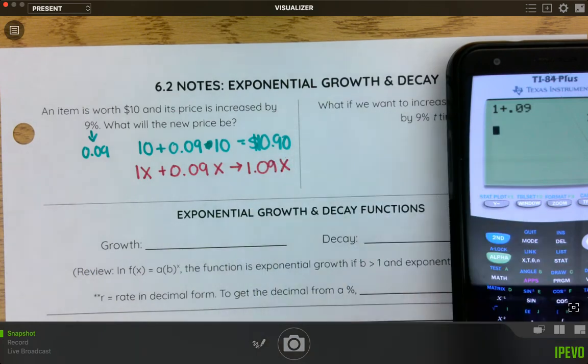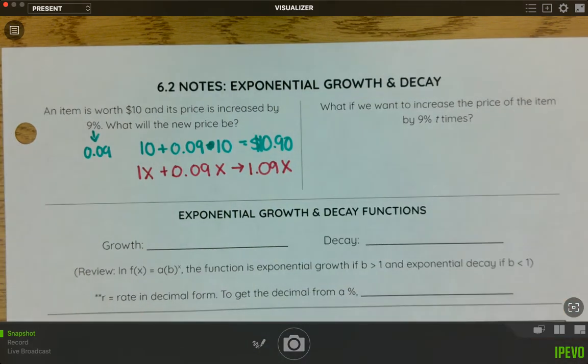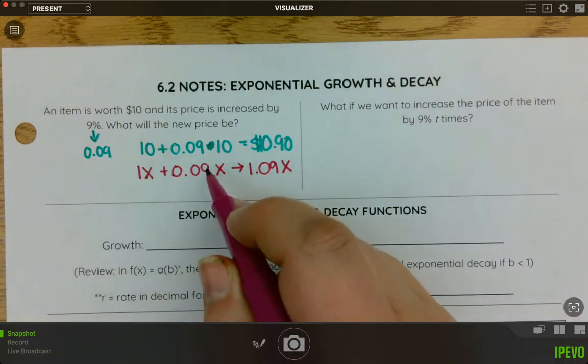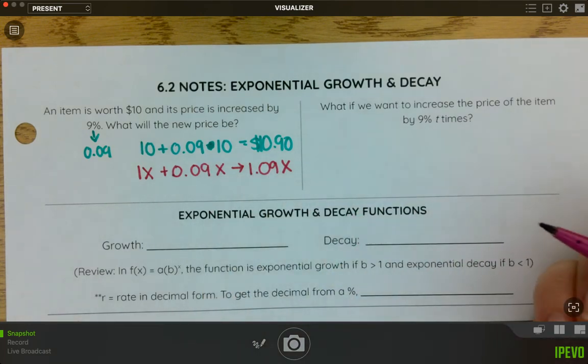Let's try that out. If I had just taken 10 times 1.09, I would have gotten it in one step instead of two. So basically, this is the 100% that we started with, and we added 9%, or 109%. Okay?